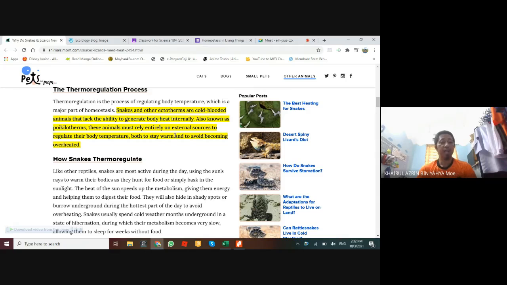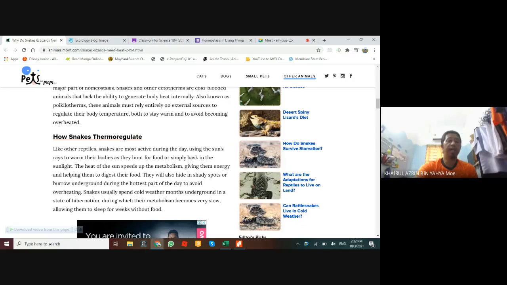They cannot generate body heat internally. Also known as poikilotherms. These animals must rely entirely on external sources to regulate their body temperature, both to stay warm and to avoid becoming overheated. So snakes depend on the surroundings, like the lizard.